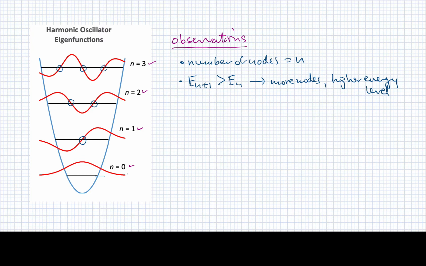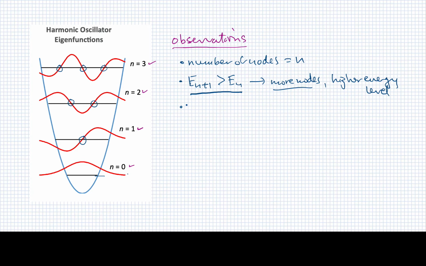When you have more than one dimension, you can have cases where you have a lot of nodes in a dimension that doesn't add a lot of energy, and therefore have more nodes than a case with a single node in the higher energy dimension. I didn't say that very well, but I hope you can get the meaning there. So in general, increasing quantum numbers give increasing energies, and in a one-dimensional system, more nodes translates to higher energy.